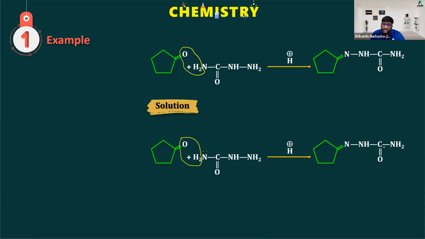Addition-elimination type reaction, weakly acidic medium, and respective water is lost. So whatever compound you are writing, you should end with one: hydrazone, semicarbazone, phenylhydrazone, like that. These are all the reactions of carbonyl compounds with ammonia and derivatives.